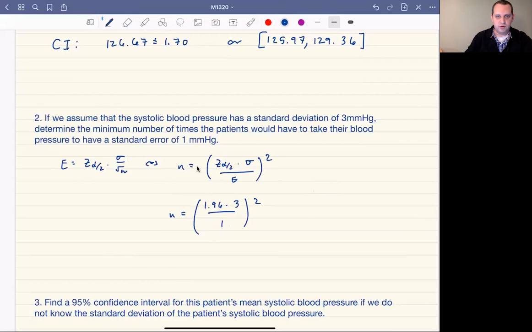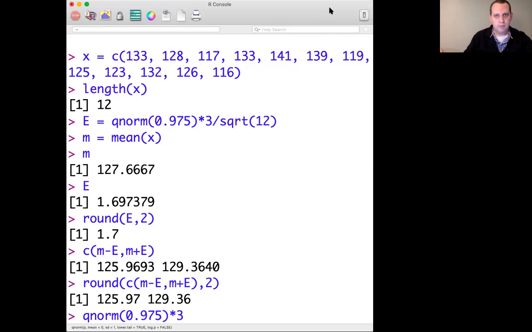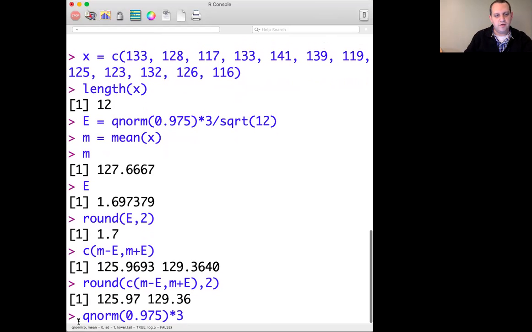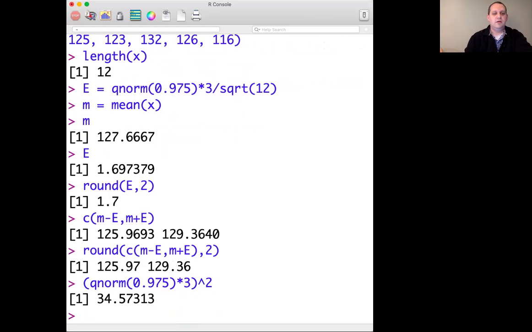Let me actually show you what this is going to look like. Again, nothing too surprising about what I'm typing, but it's going to be more useful if you can also see it. So this is going to be qnorm of 0.975 times 3. And then you can divide by 1 if you like, and then we're just going to square it.